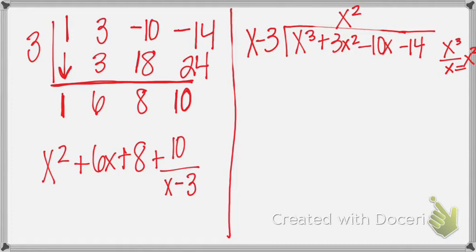And then we multiply. So x squared times x is x cubed. And x squared times negative 3 is negative 3x squared.